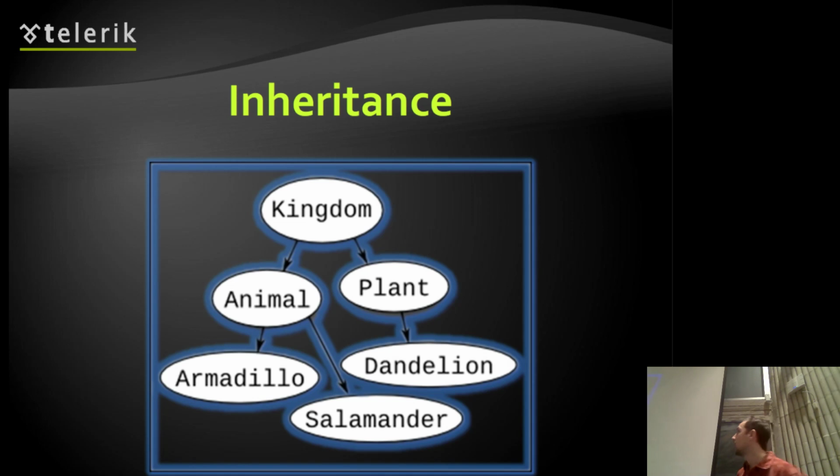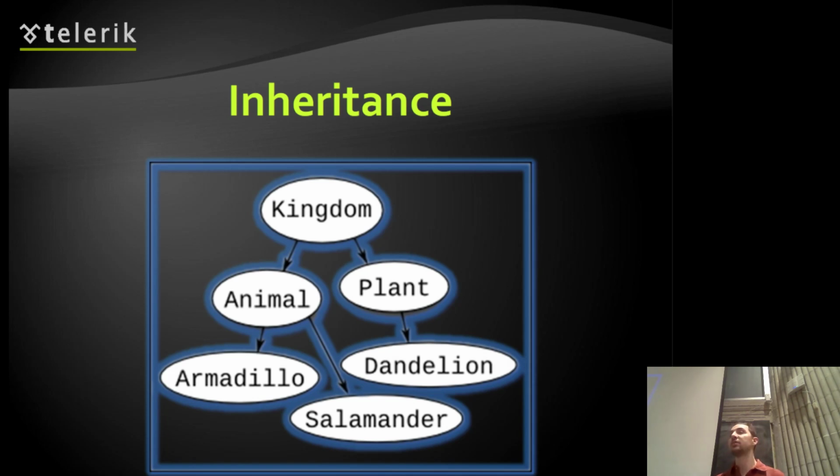Now, all dandelions are plants. Dandelion is a type of plant. All salamanders are animals. Armadillos are a type of animal. So if we create a class called salamander and a class called armadillo, there are going to be some things that those two classes have in common.